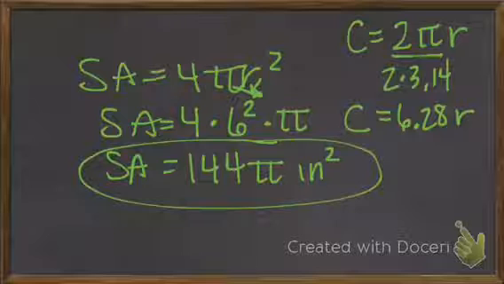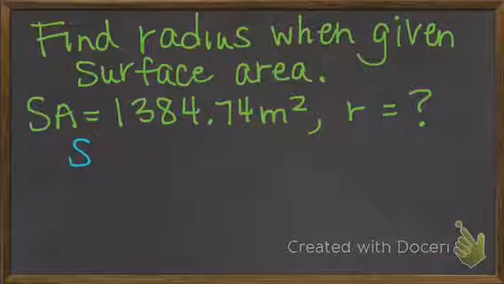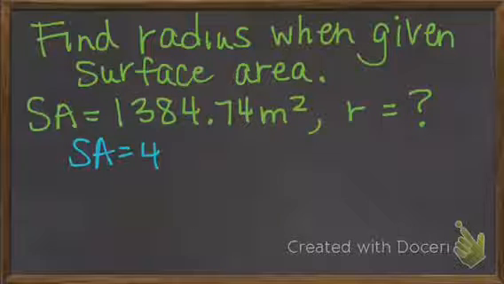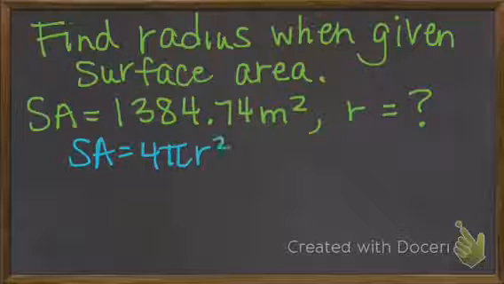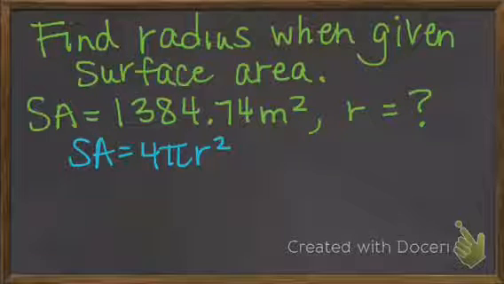Let's move on to our next problem. Here's the last kind of problem that you're going to learn how to do in this video. Find the radius when given the surface area. So we've got our formula for surface area we're going to have to use every time, which is 4 pi r squared. And then what we're going to do is plug in what we know.